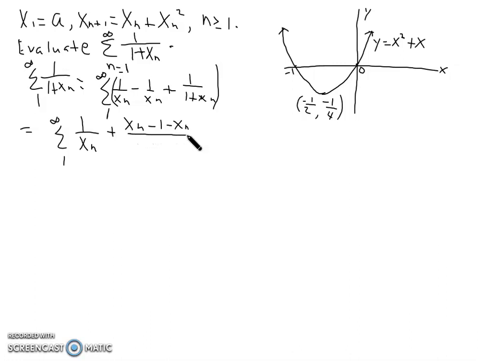I'm just getting a common denominator here to combine these second two terms. Okay, so that x sub n minus 1 minus x sub n will be over our common denominator, x sub n times 1 plus x sub n. But that gives us the sum, as n goes from 1 to infinity, of 1 over x sub n minus 1 over, because these x sub n minus x sub n cancel here, the denominator here is x sub n plus x sub n squared, but that's x sub n plus 1.